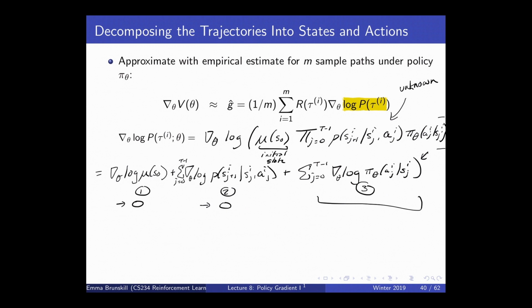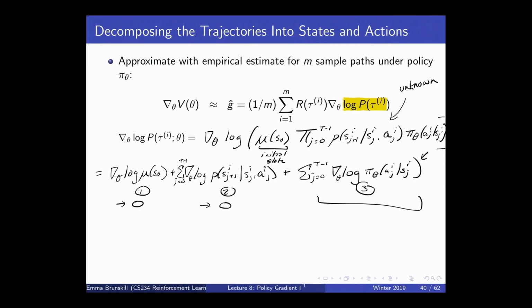So we'll talk more about some policy parameterizations which make this computation analytic and nice. In other cases, you might have to estimate this thing itself by brute force or finite differences or something. But if we choose a particular form of parameterized policy, then this part is going to be analytic.